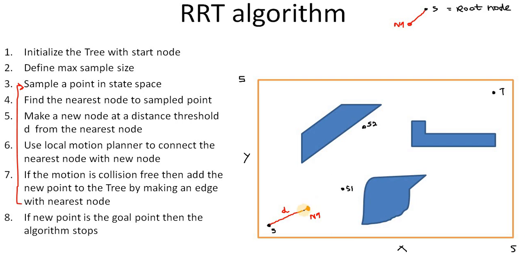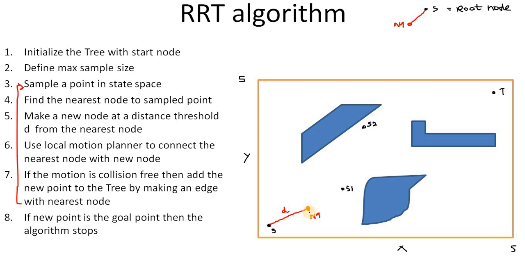There are now 2 nodes in the tree. Here you can see one node is S, one node is N1. So S or N1. Now what we do, we measure the distances from our sample node to node N1 and to node S. So of course, which one has the minimum distance, we select this as the nearest node, N1.